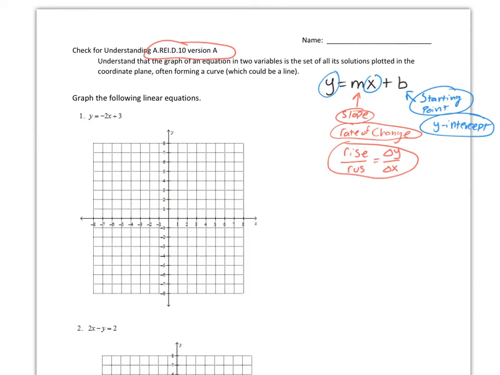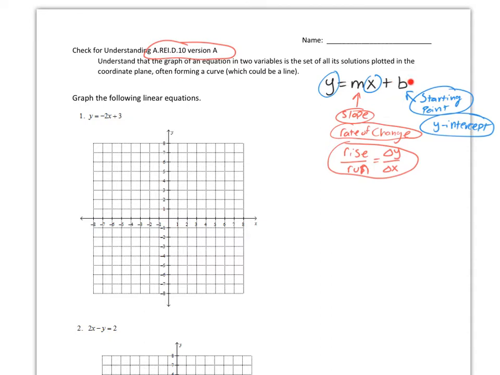So if I'm over here and I'm looking at this equation, I notice a couple of things. I notice that it's in this y equals some number x plus some number form. Well, the y is the y value. The m is -2 here, so the slope is going to be -2, or the rate of change is going to be -2, or the rise over run is going to be -2, because it's in the same position as the m.